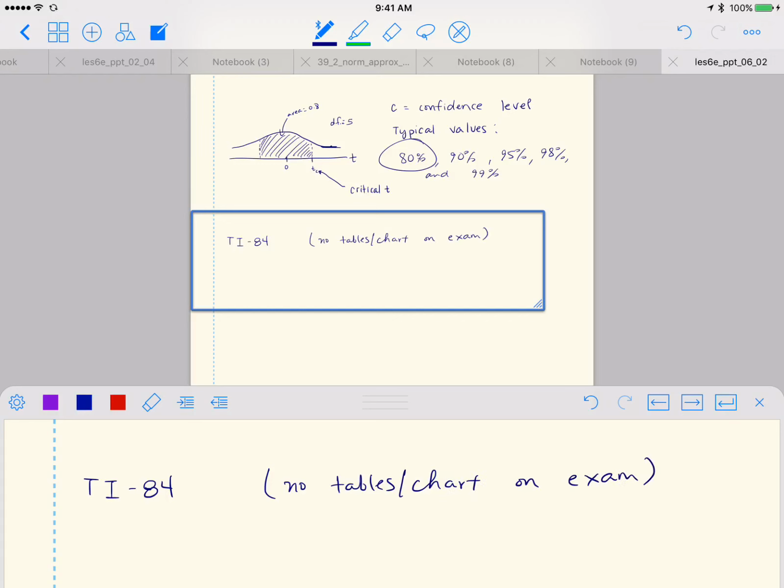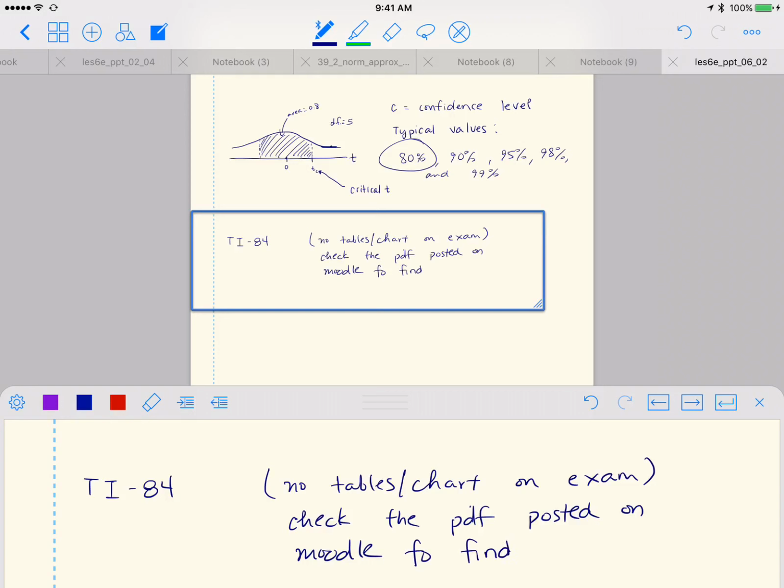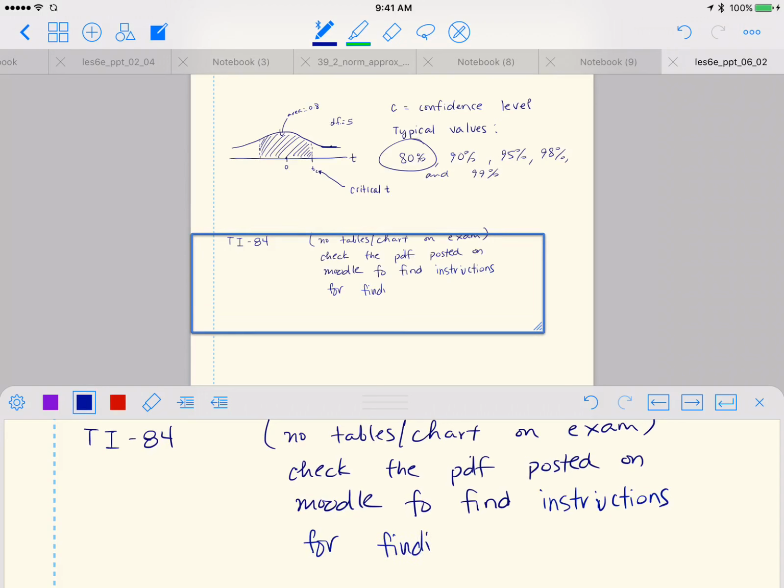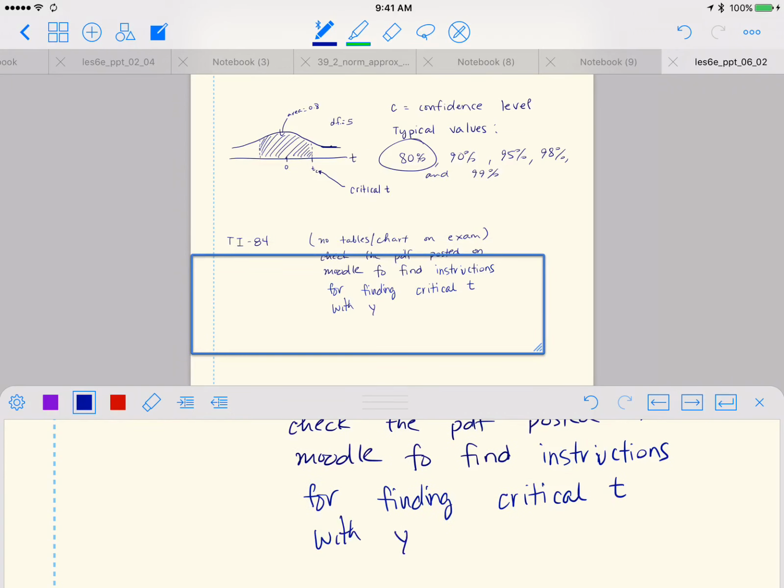So make sure you check out the handout, the PDF that I posted on Moodle, that has instructions for how to find critical T if you have a TI-89, a TI-83, or a TI-84, for finding critical values, critical T, with your calculator.